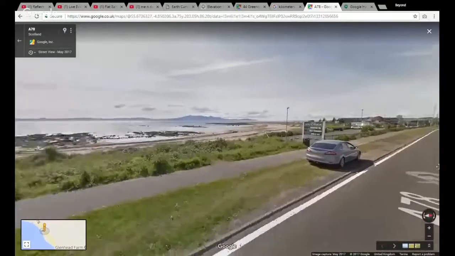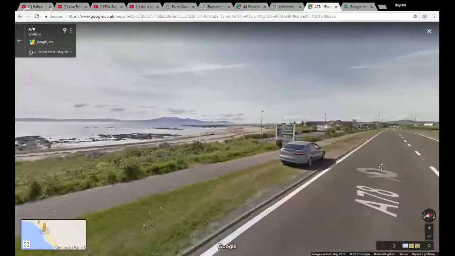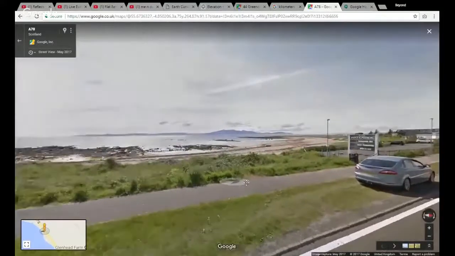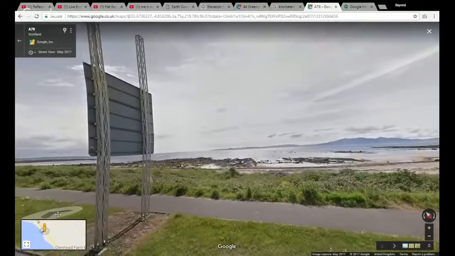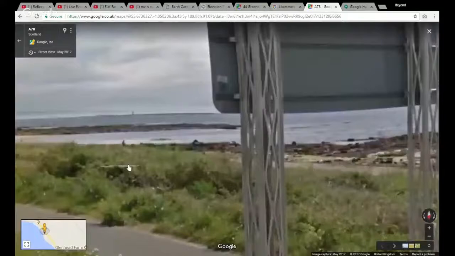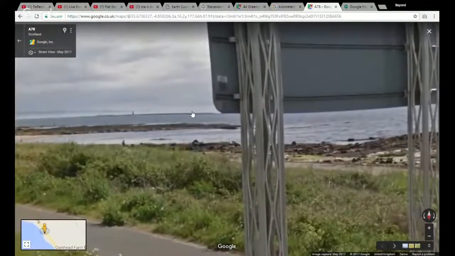This is where we parked and we walked down onto the beach. So we're looking here at the rock again, and also the peninsula here that you're going to see in the observations, which reaches out to Stranraer. So these are the two destinations that we were at.